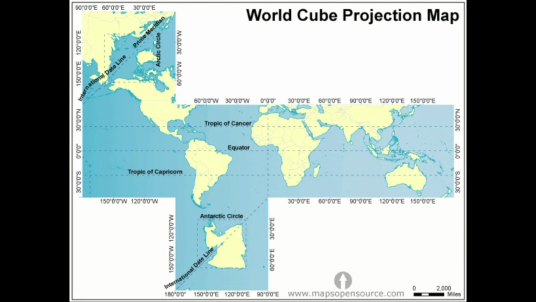The cube projection takes the spherical globe and turns it into a six-sided cube. You can see how if you folded this together, it would make a cube rather than a circle. The sides are split, with one side going to the North Pole, one side going to the Antarctic, or the continent of Antarctica, and the other four being split between the remaining land masses of the globe, much like a Mercator projection.